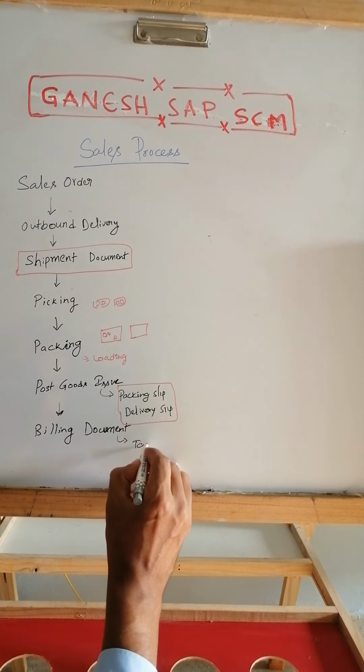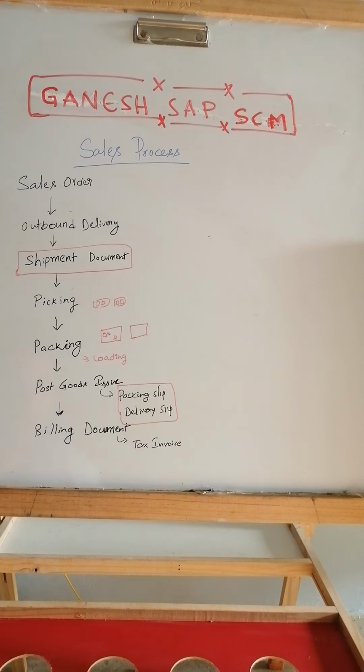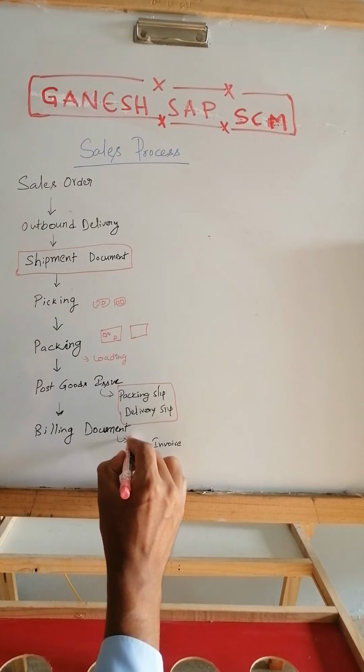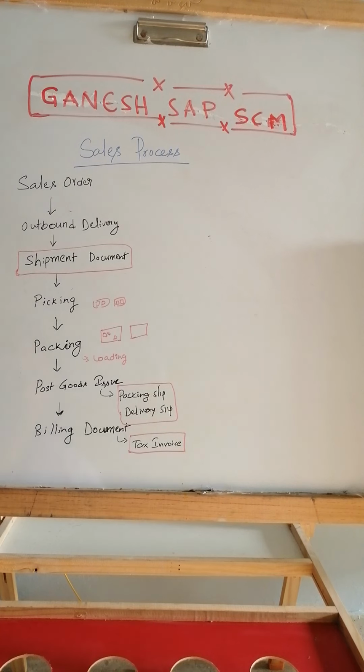The tax invoice or billing invoice document will be printed. Like I mentioned, it can be sent directly to the customer via EDI, or if you have a PDF document, you can send it using the external send option. The document can be sent, or else a physical copy. The physical copy is mandatory for the driver when they cross a toll or a border, like customs, where they can show this document.